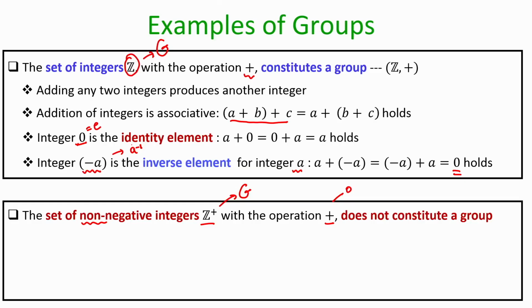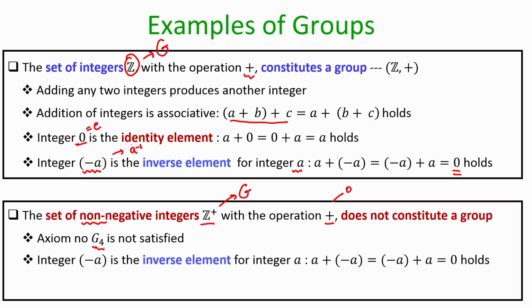So, the identity element is still there, but the problem is that my 4th group axiom is not satisfied, because the inverse of an integer A will be minus A, but minus A is not an element of Z plus, because minus A is a negative value, and negative values are not allowed in the set Z plus, whereas the group axiom says that the inverse element also needs to be a member of the set G itself. So, that is why the set of non-negative integers along with the addition operation does not constitute a group.